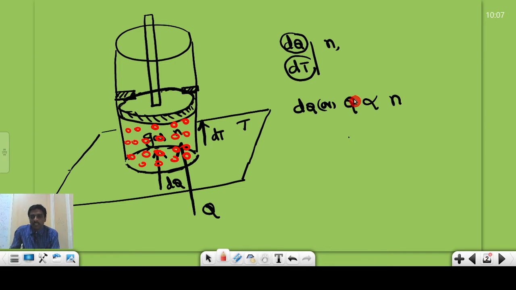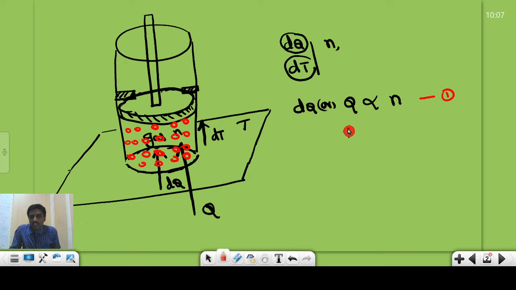Once again, the amount of heat energy absorbed by the gas is directly proportional to the number of moles inside the cylinder. That means if more moles are available in the cylinder, more heat can be absorbed by the system. This is already familiar from practical experience.